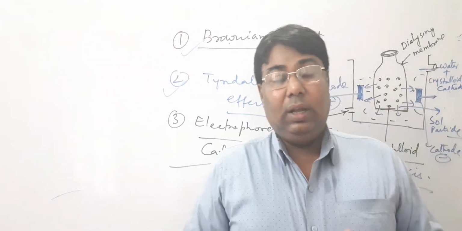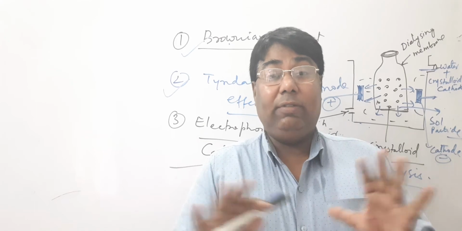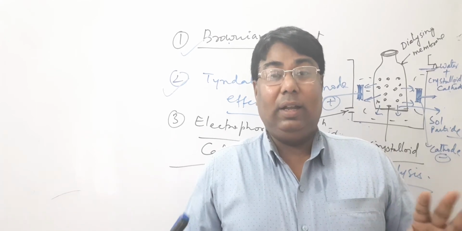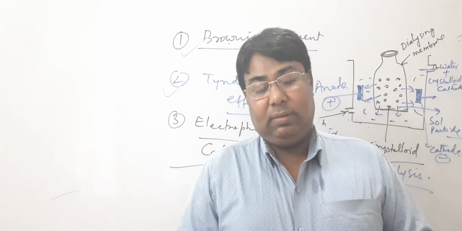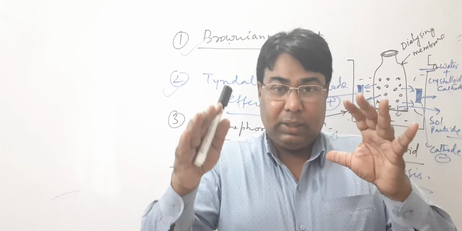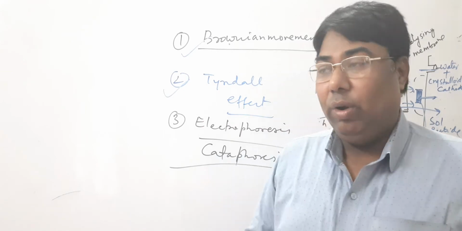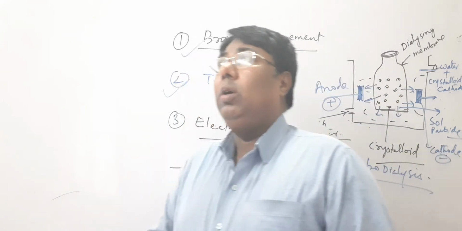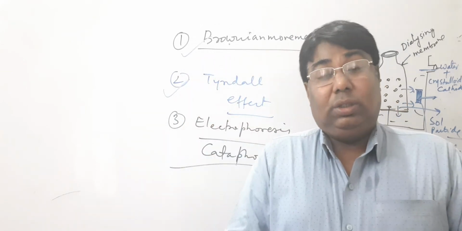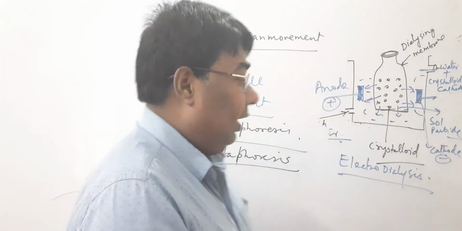Next, particles of colloid never undergo settling, but when electrolytes are added, they start to settle down, and this settling property is known as coagulation. So colloidal solution possesses coagulation property.